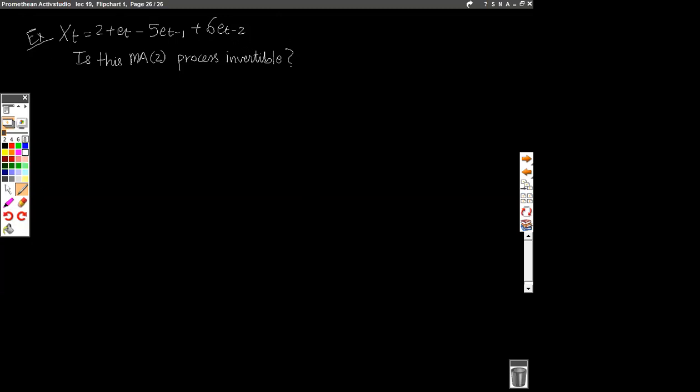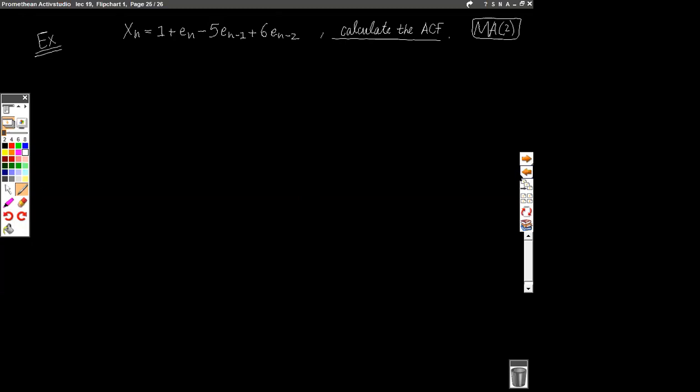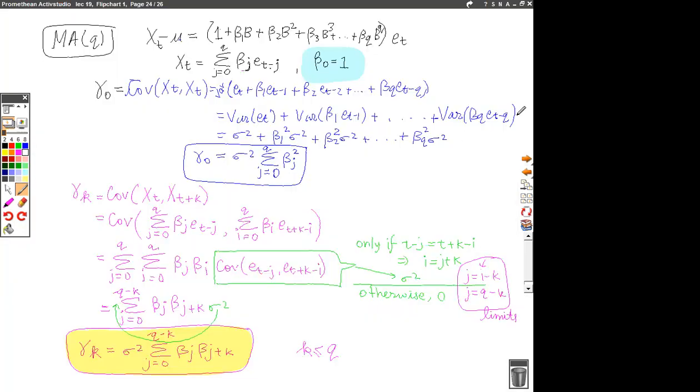You have to just take the characteristic equation and see its roots. And there is some condition that each root must satisfy for it to be invertible. So I will just write.